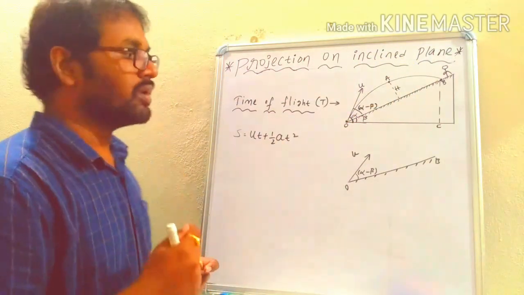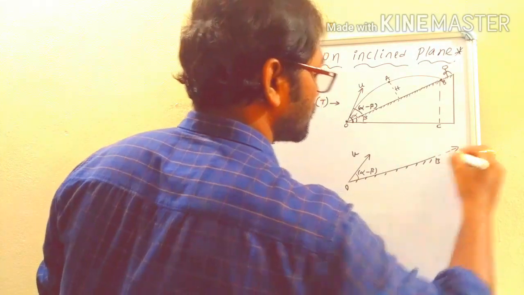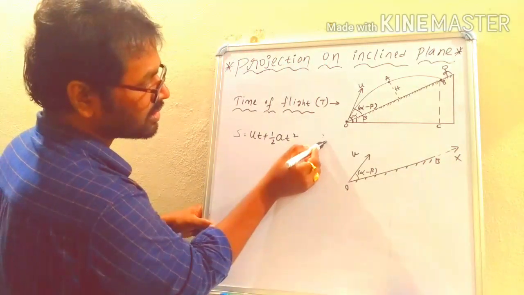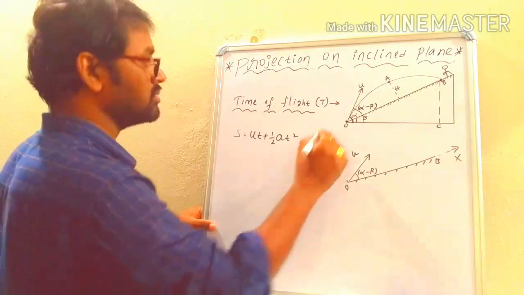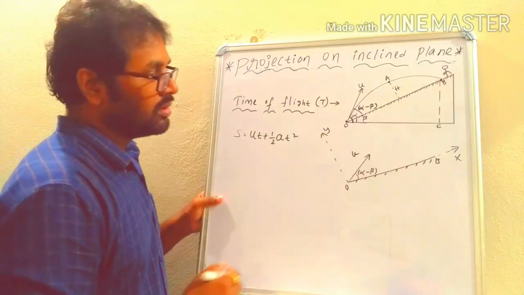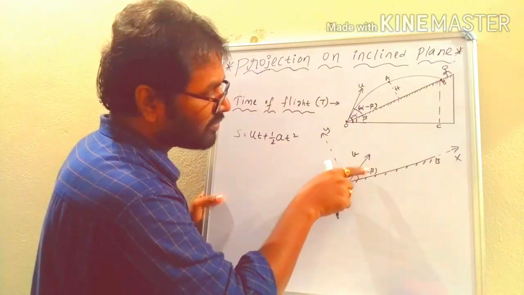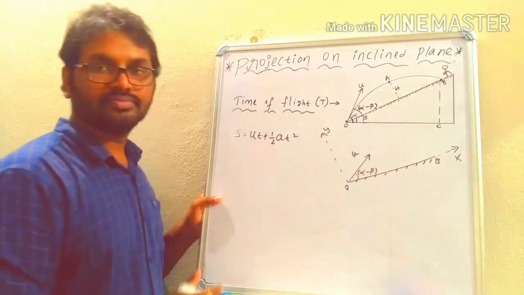With respect to this person, the x-axis comes along the plane and the y-axis is perpendicular to the plane. So u makes an angle alpha minus beta with the x-axis.